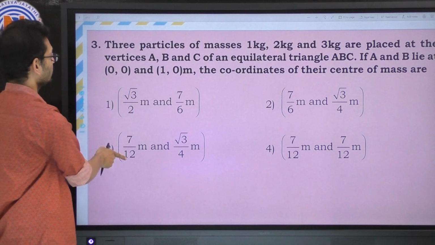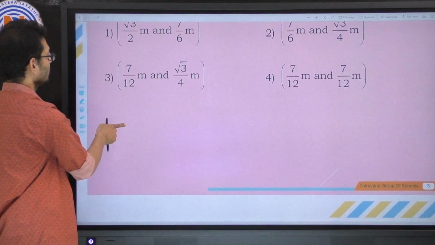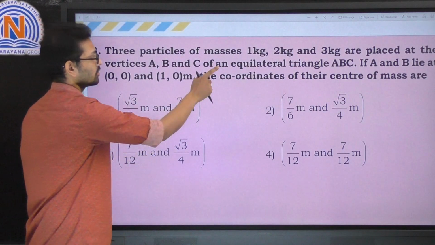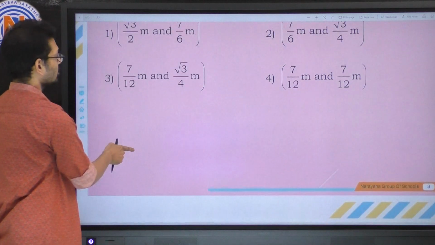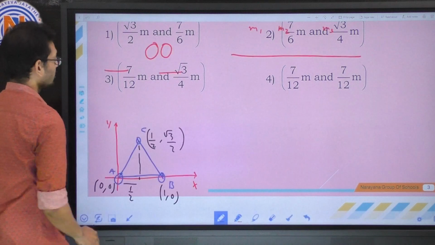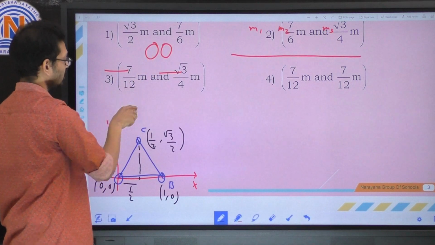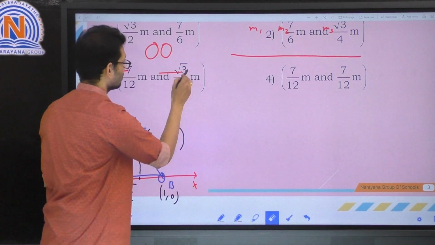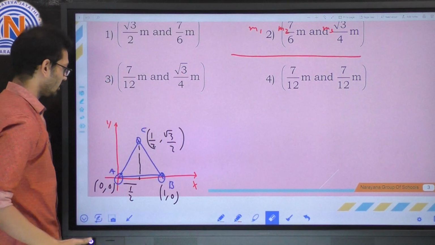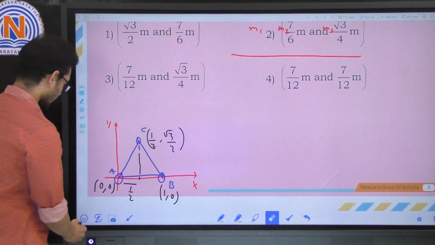And you have masses as 1, 2 and 3. So now let us take those masses and try to calculate.